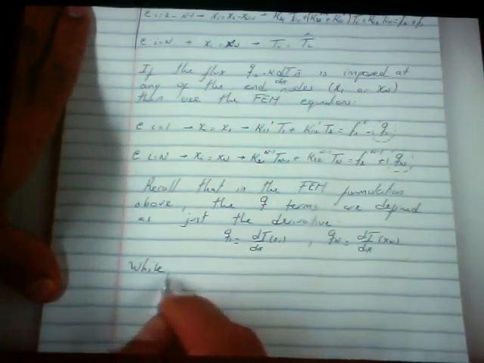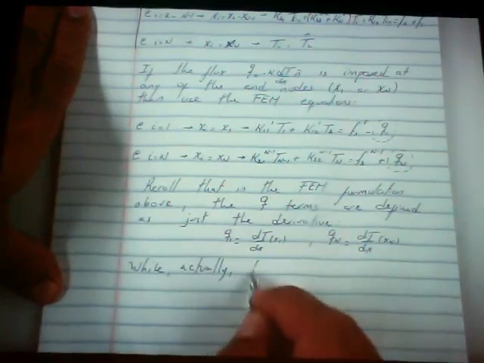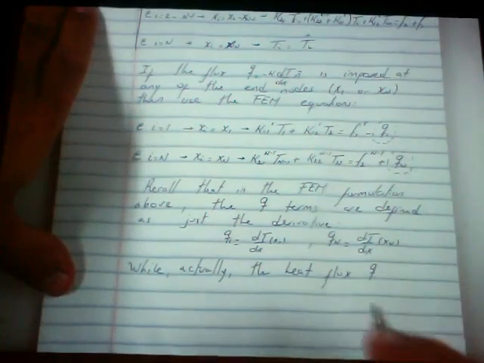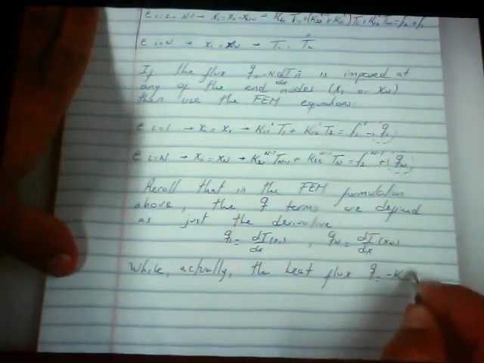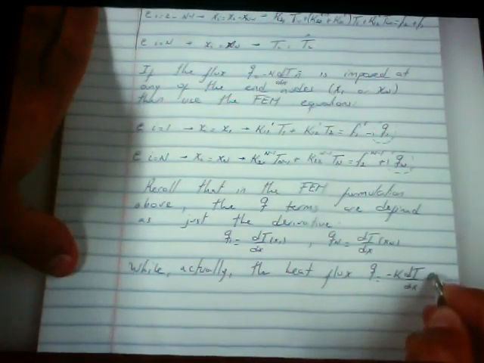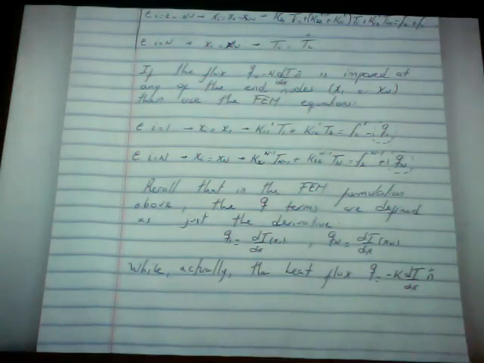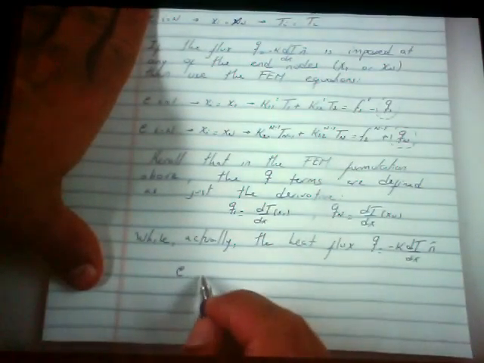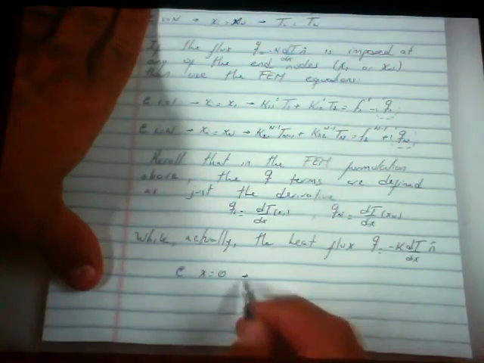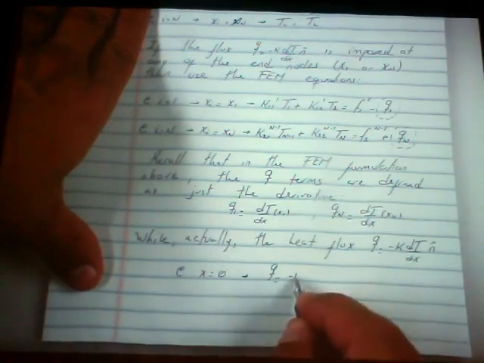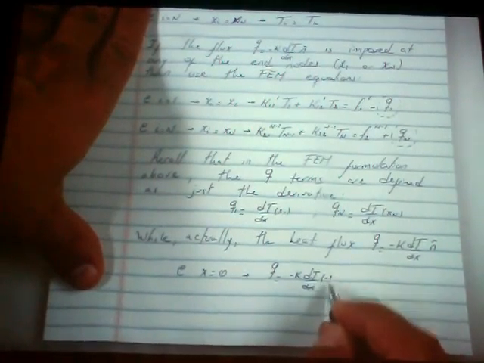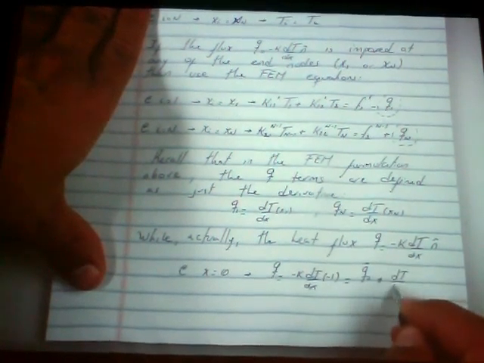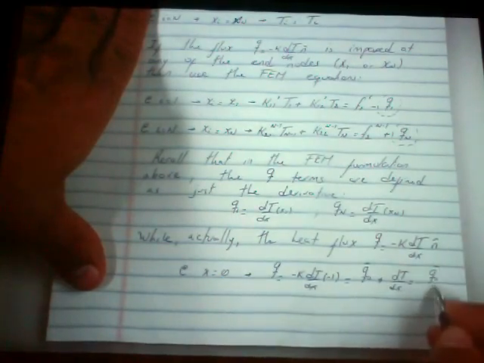While actually the heat flux Q, minus k dT/dx times the normal vector, at x equals 0, which has normal vector minus 1, is some Q0, and therefore dT/dx is equal to Q0 over k.